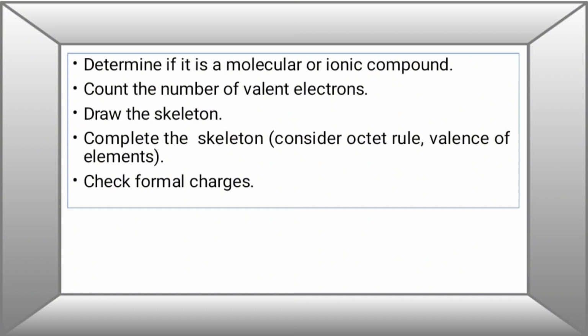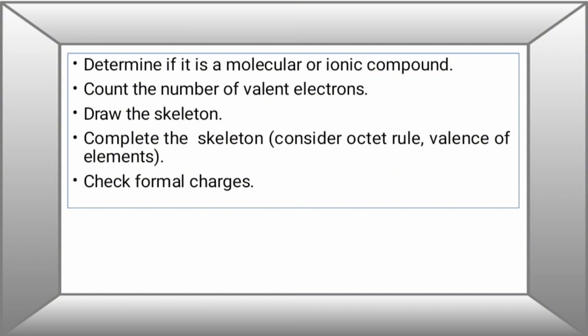When we find it, after that we draw the skeleton of our molecule, and then we complete the skeleton. And for completing the skeleton, we need to take into consideration the octet rule and valence of the elements. They should be correct and followed. And at the very end, we need to check formal charges.